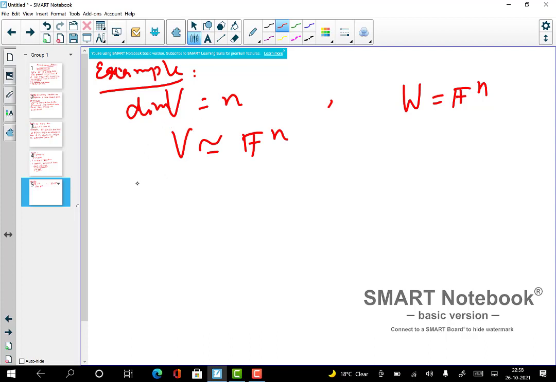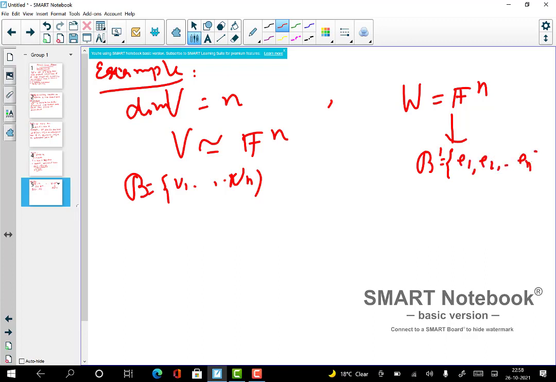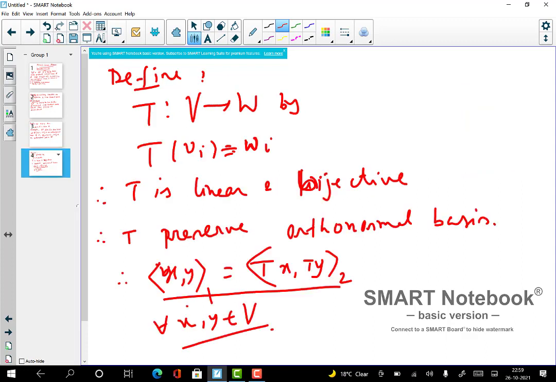So inside V you choose an orthogonal basis, say v1, v2, ..., vn, and inside F^n you already have a standard orthogonal basis, right? Say e1, e2, ..., en, right? So ei is that vector where only the ith coordinate is 1, otherwise 0. And then you send this basis to basis. So that will be the isomorphism between these, right? This is a standard example. Now let us give some interesting example.